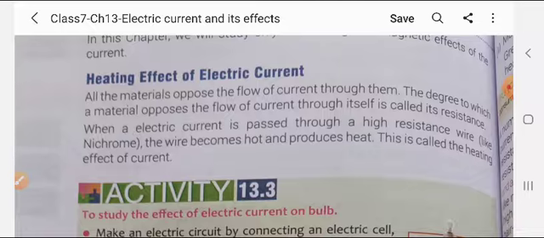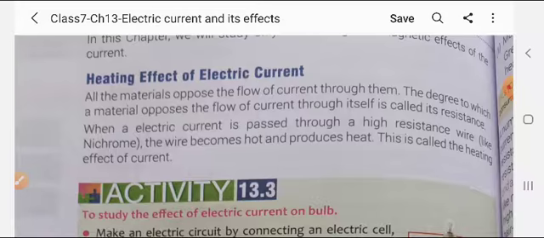The degree to which a material opposes the flow of current through itself is called resistance, and the material applied in the circuit to hold the electric current is called a resistor. When an electric current is passed through a high resistance wire like nichrome, the wire becomes hot and produces heat.